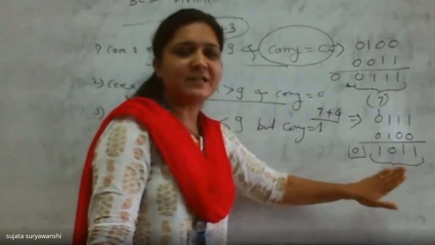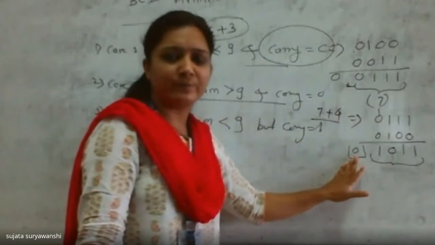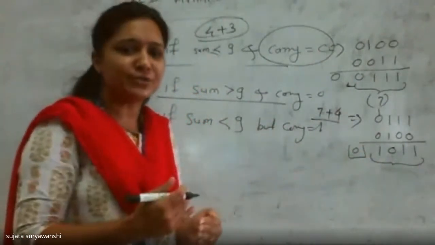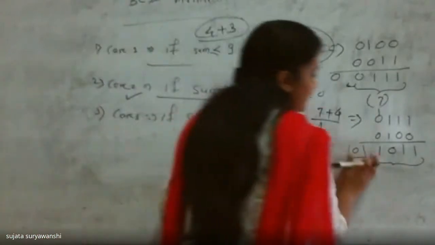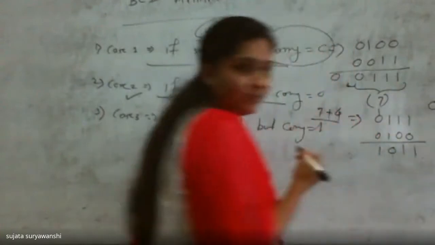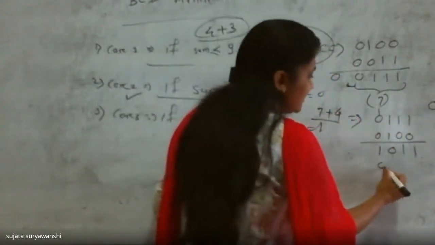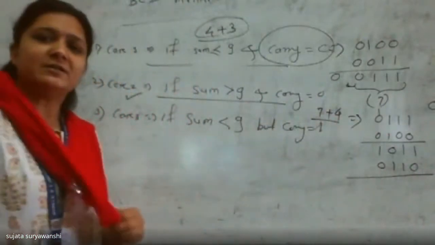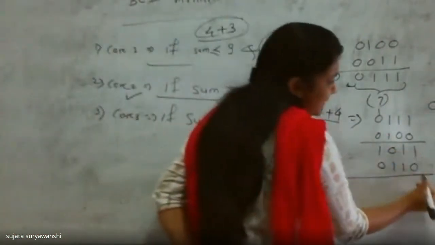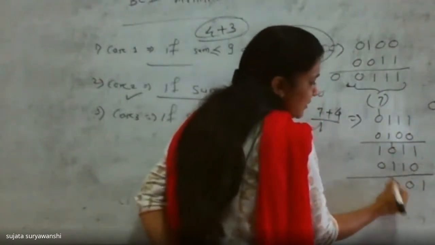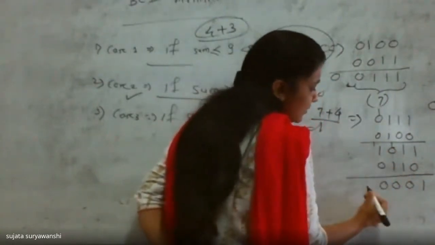Means your result is not in the true form. So to get it in the true form, you have to add 6 to your result. So I'm adding 6 here. 6 means 0110. So add 0110 to your result to get it in the true form. 1 plus 0, 1. 1 plus 1, 0, carry 1. 1 plus 1, 0, carry 1. 1 plus 1, 0, carry 1.